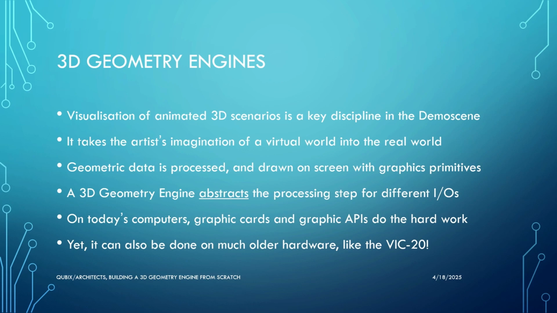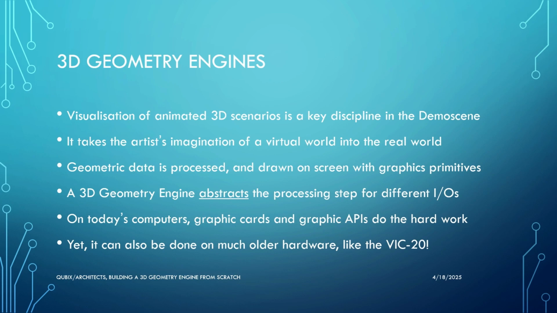For such an engine to work, we process geometric data, and they are then drawn on screen by graphics instructions, graphics primitives: lines, points. The idea for a 3D geometry engine is that we want to abstract the processing step from the data input and the graphics output, so we can reuse the same engine for different hardware, for example.